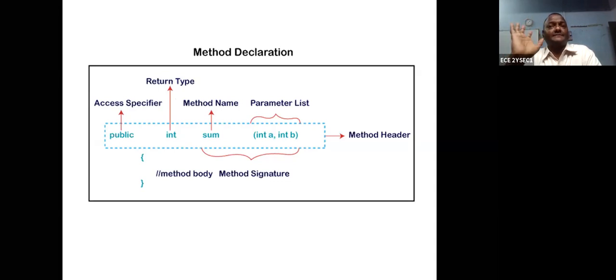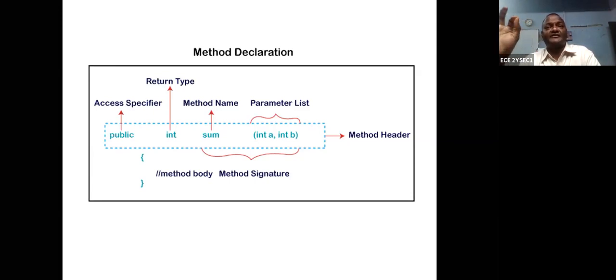Sometimes a method cannot return any data. That is called a void method. In the C language, you write void main, which means it is a function which cannot return any value. Similarly, a method is also there, void main, void method.